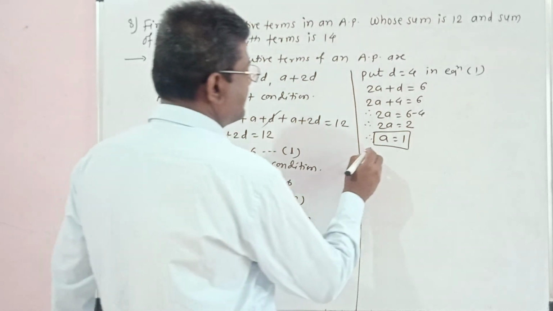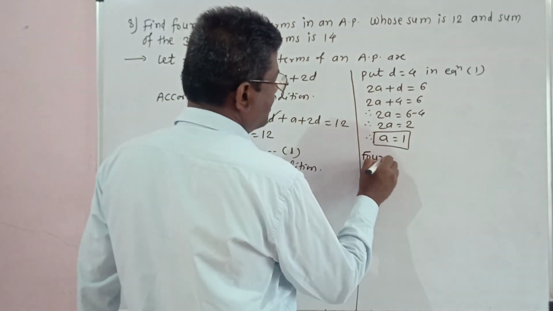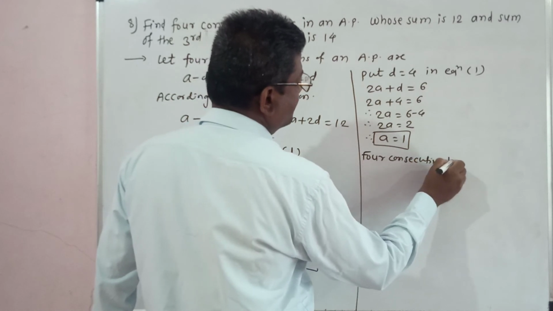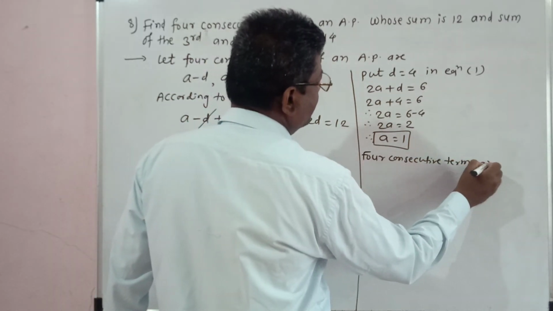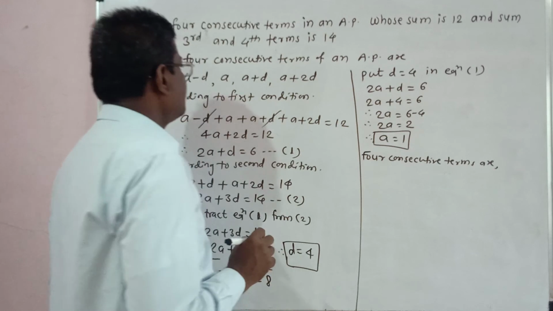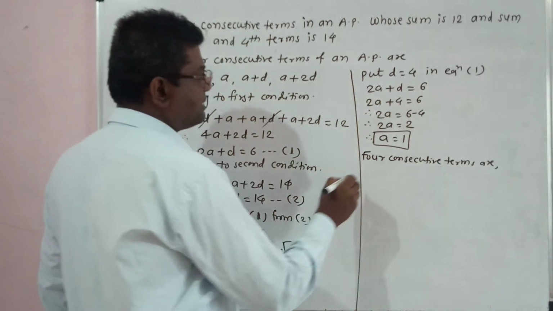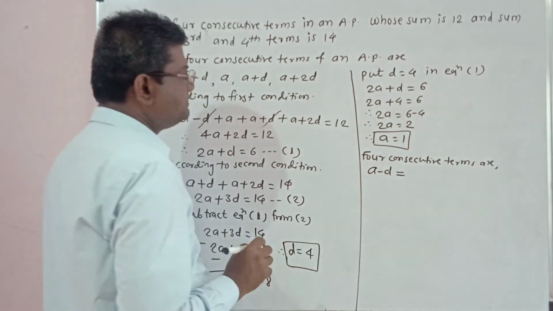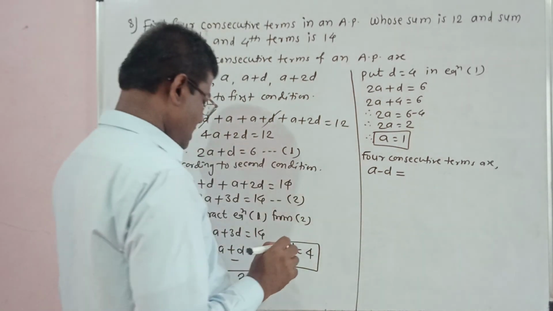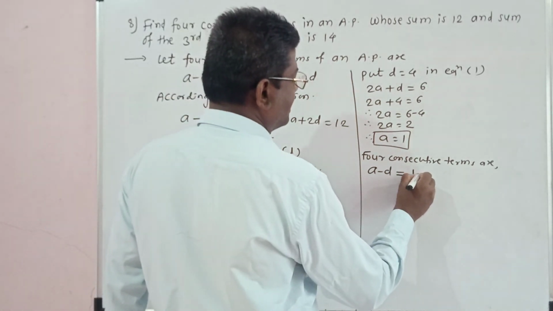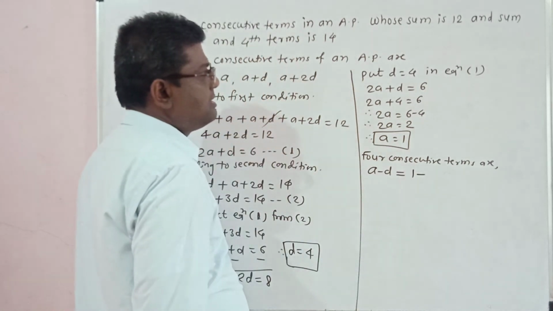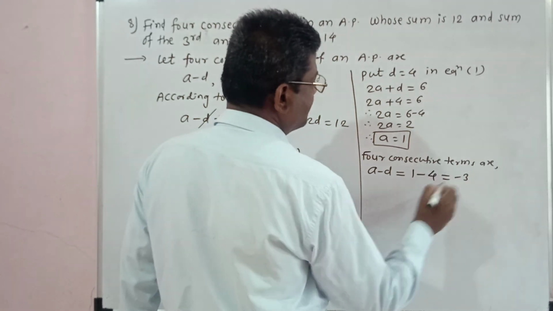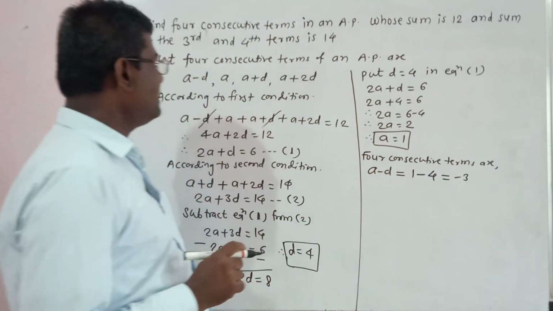So we write 4 consecutive terms are, first term is A minus D. A minus D is equal to, A is 1, and D is equal to 4. 1 minus 4 is minus 3.